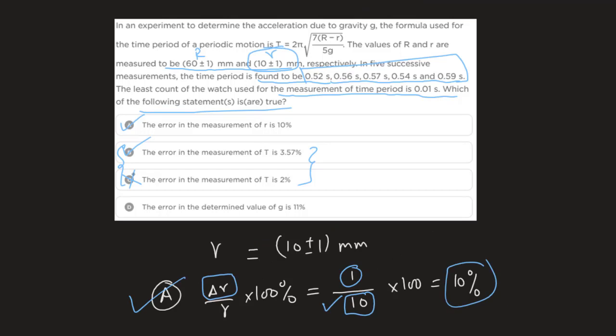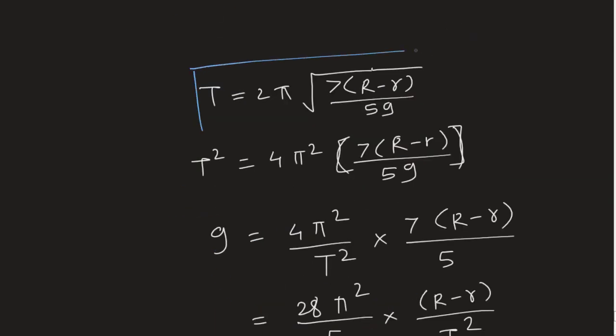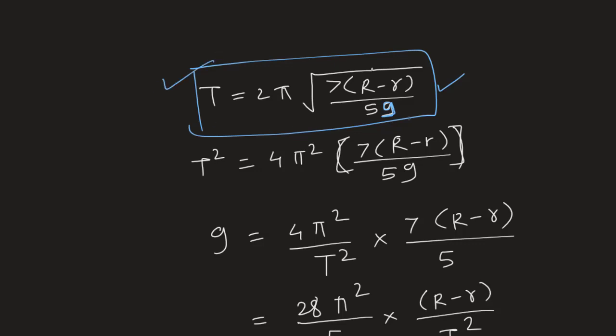Okay. Finally, they have asked about the error in the determined value of g. So we have to calculate how much percentage error will be in the g. So the formula that they have given is T is equal to 2 pi under root of (7R minus r) divided by 5g. So this is the formula they have given, and we have to calculate the error in determining the g. So basically we have to restructure this equation in terms of g.